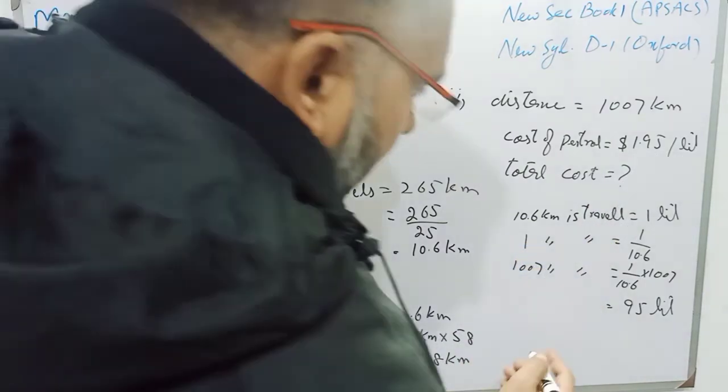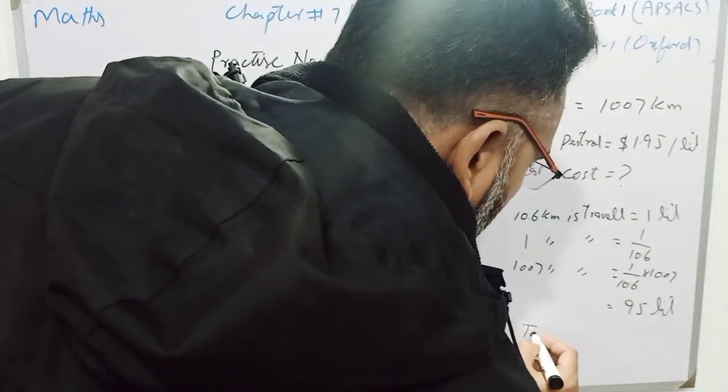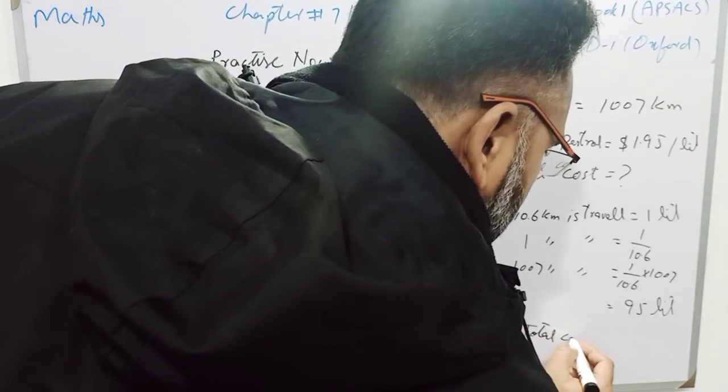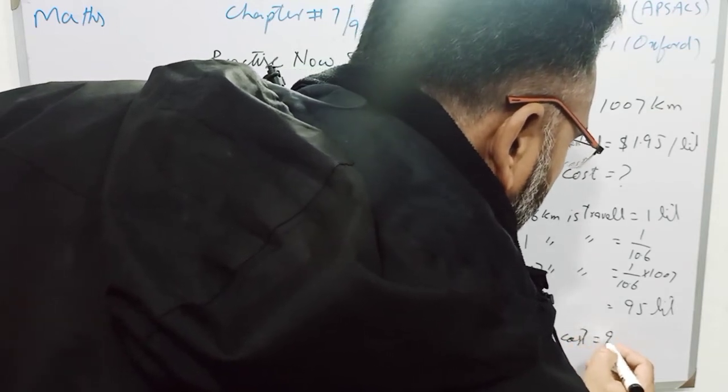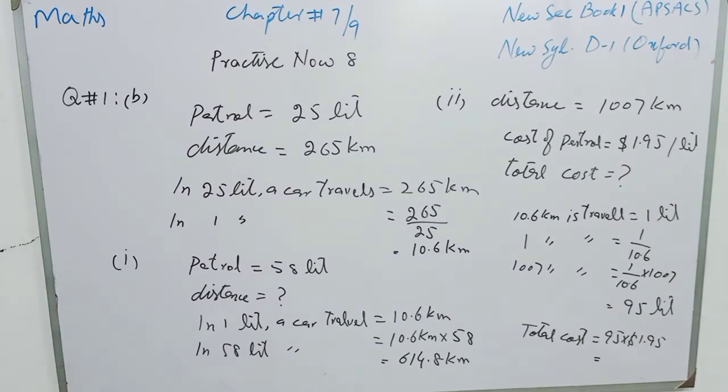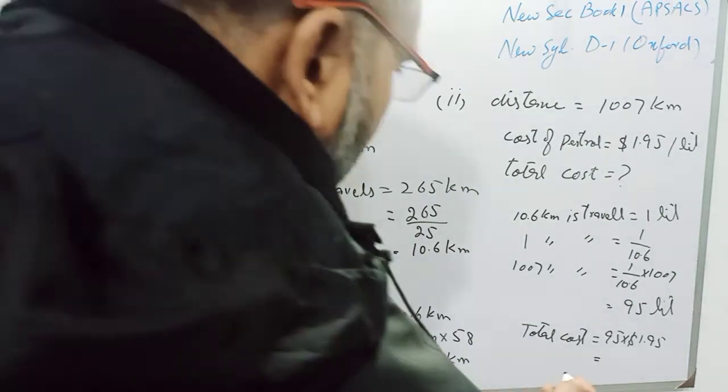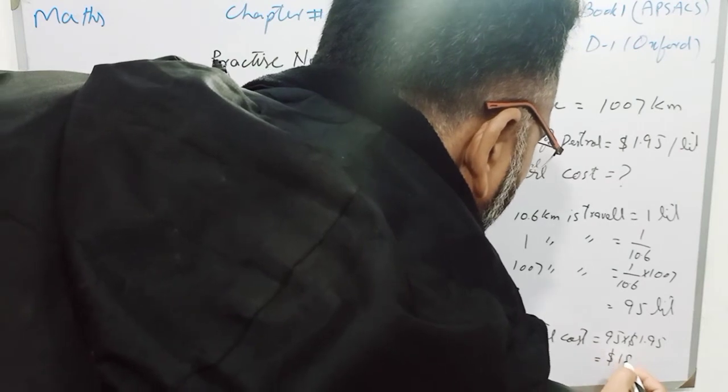So total cost will be 95 multiplied by $1.95. Now students, multiply 95 by 1.95 and the cost for 1007 kilometers will be $185.25.